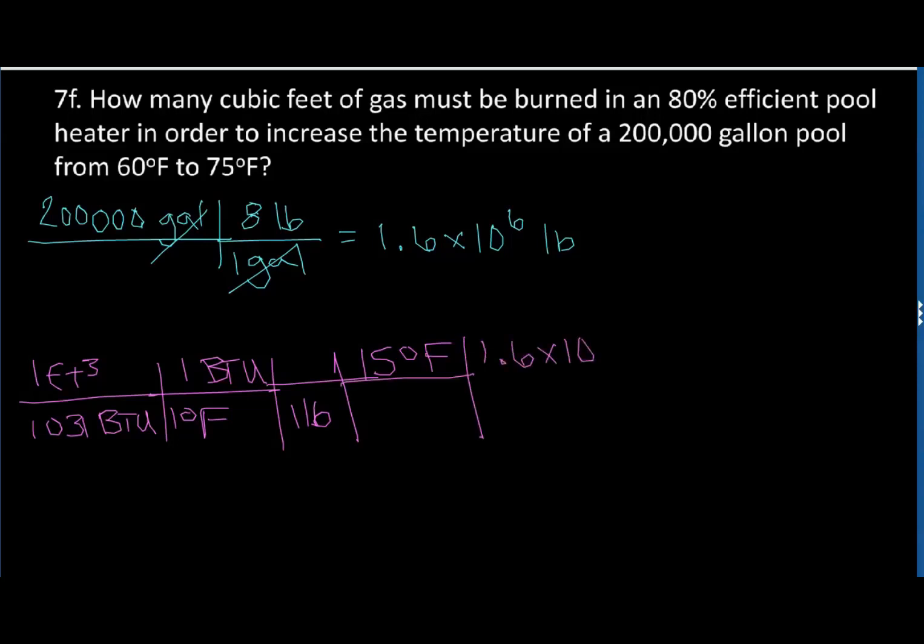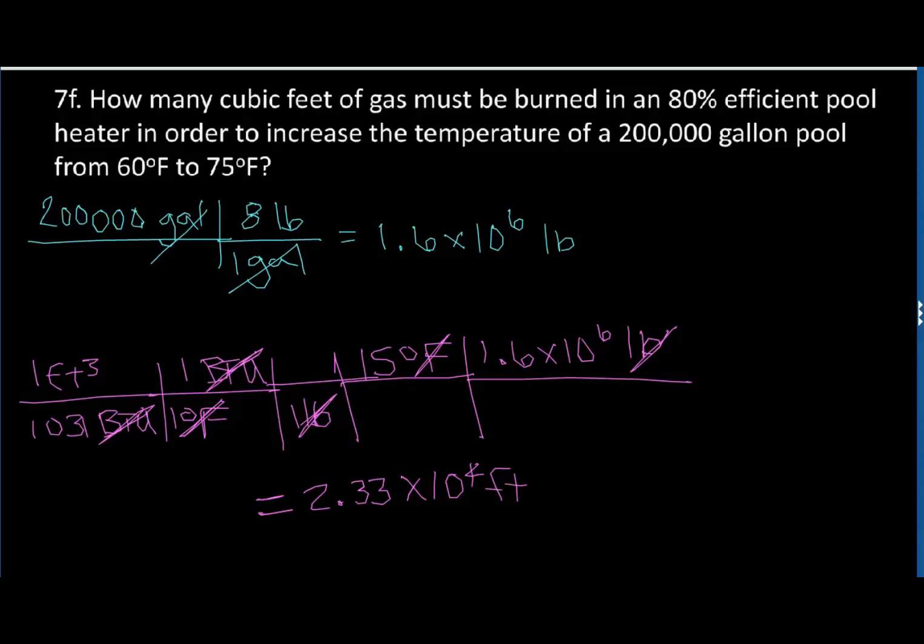I'm looking at the conversions I have and figuring out where I need to be. I know that I want cubic feet as my answer, so I need to have that at the top. So we have 2.33 times 10 to the 4 feet cubed.